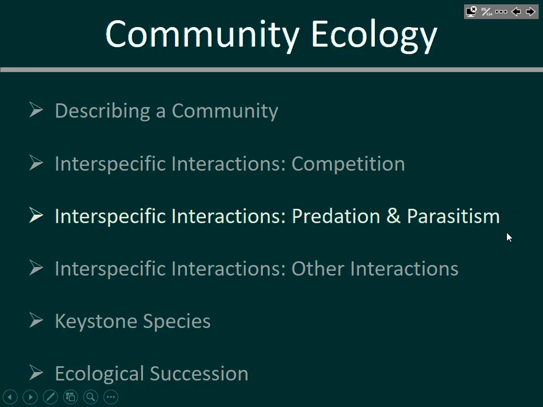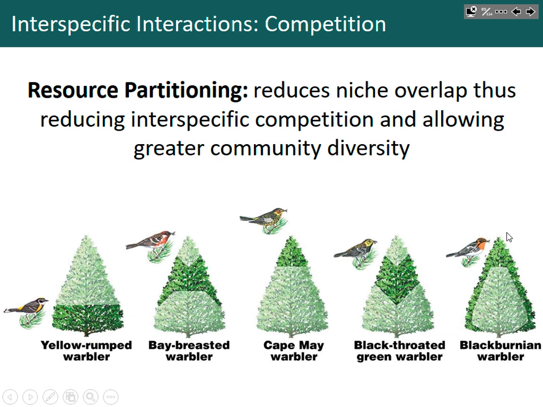All right. Does anybody have any questions about competition? It can happen with different organisms. This particular group of warblers are closely related. They are all members of the same genus, unless they've been reorganized since the last time I checked. And they are closely related in terms of their niches and how they make their living.